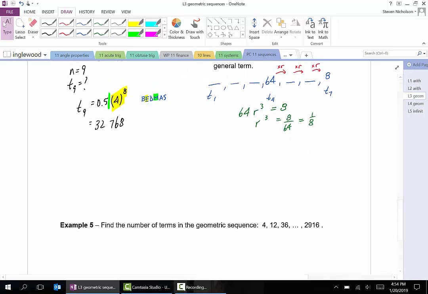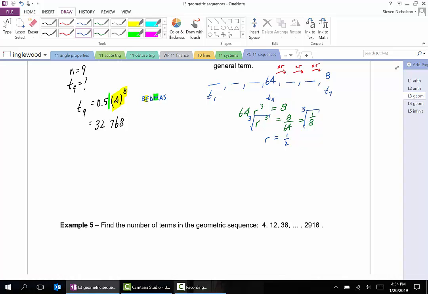And again, with our algebra, in order to get rid of a cube, we would do a cube root. Now, whether you did this in your head or you got out the calculator, the cube root of 1 over 8 is 1/2, or 0.5, however you want to write it. So the common ratio is 1 over 2.